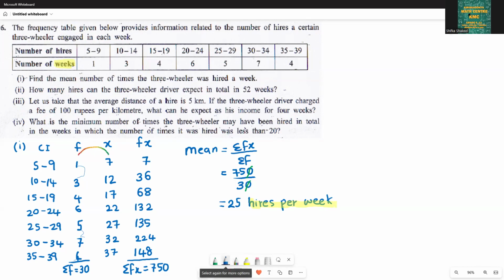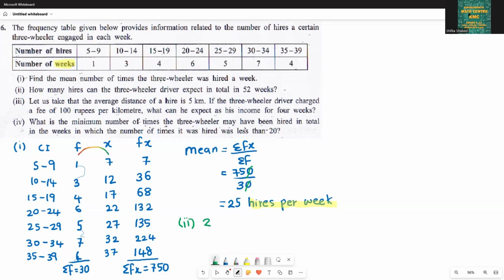That's the first one's answer. Second one: how many hires can the three-wheeler driver expect in total in 52 weeks? In the first one, we got 25 hires within a week. They're asking you to calculate for 52 weeks.